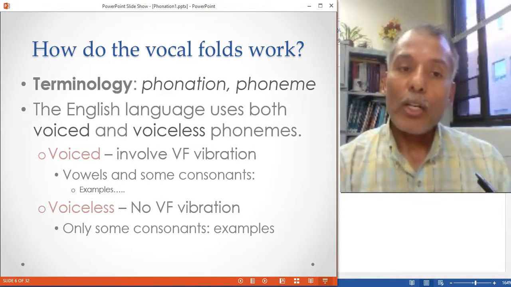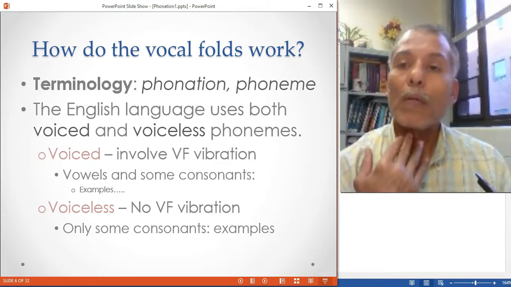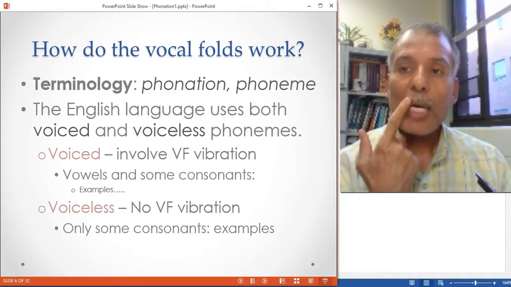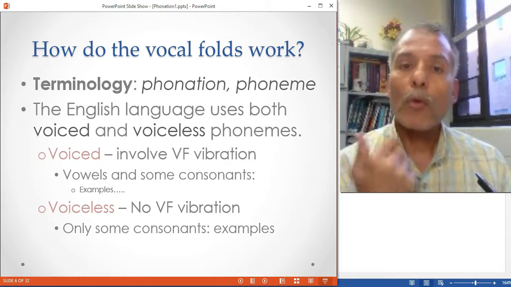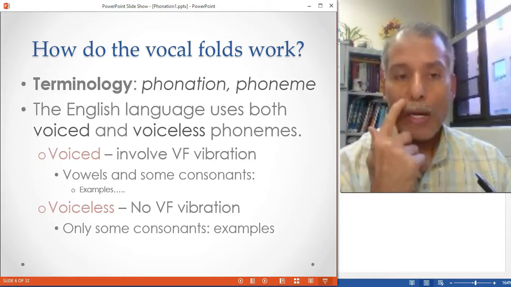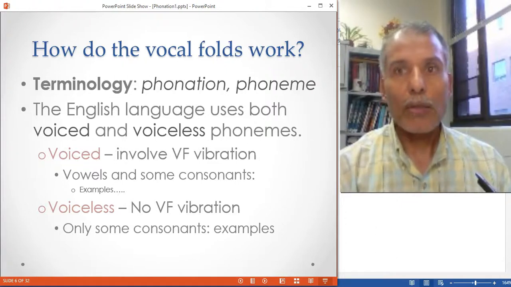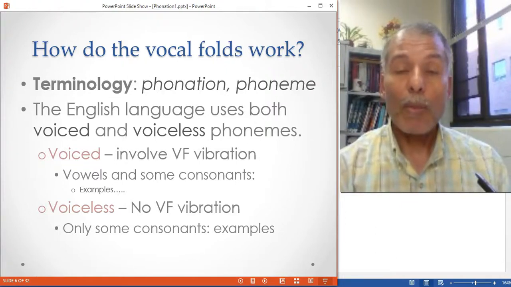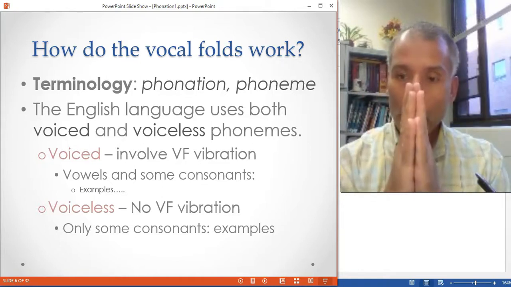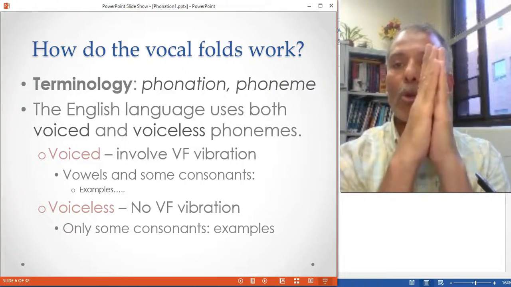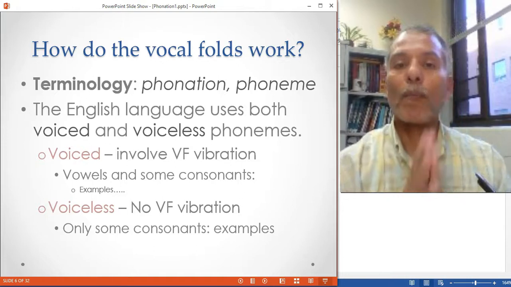The second scenario is making a sound by not engaging the vocal folds at all in vibration. You can make a sound somewhere in the oral cavity or even between the vocal folds. But let's say examples of sounds in the oral cavity that do not require voicing. Again, remember, voicing is getting the vocal folds together, holding them together, and making air pressure blow them apart so that they can vibrate to make that buzz.